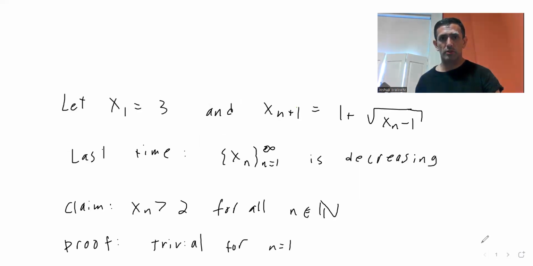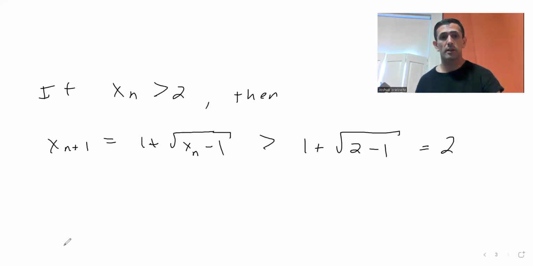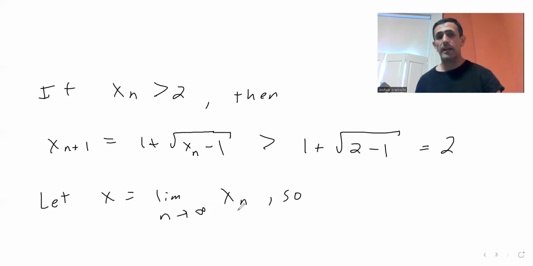So first and foremost, 2 is a lower bound for xn, so it's decreasing, bounded from below. So by the monotone convergence theorem, it has a limit. So let's say x is the following limit. We know that any m tail of this converges to x, and in particular, we're going to look at the 1 tail. So x is going to be this limit.